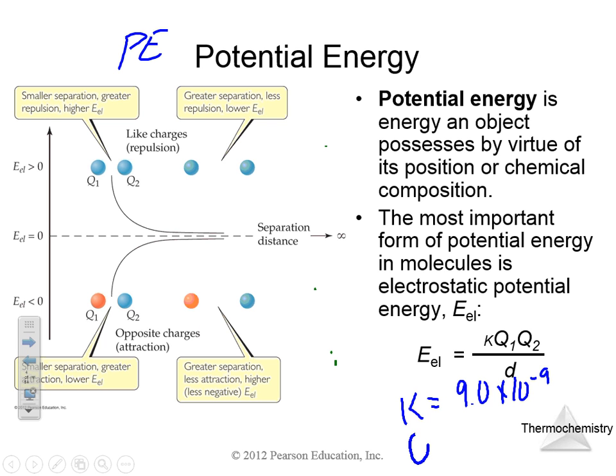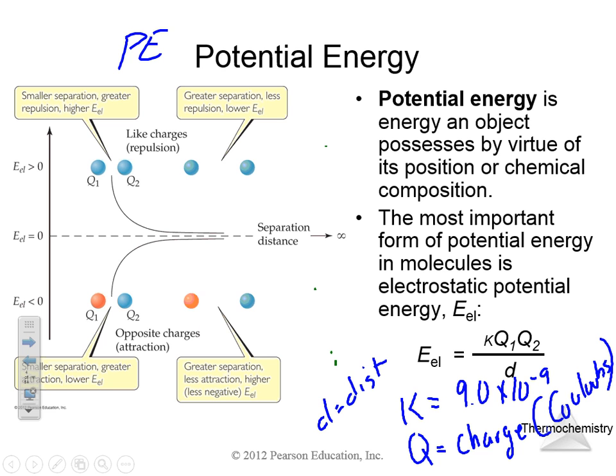Q is the charge of the molecule. So if we're comparing two molecules, we're comparing the charge, and those charges are going to be in coulombs. And then d is the distance those molecules are apart. So that is when we're talking about electrostatic potential between two molecules.